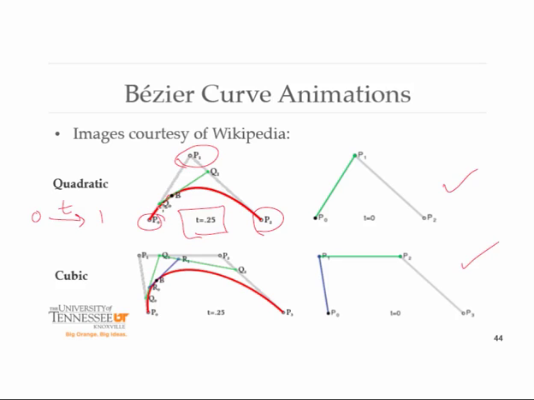It's very, very interesting. I'm going to go ahead and point out the cubic case before we see the animations. The only difference here is that where you have 3 control points for the quadratic Bezier curve, you've got 4 here.